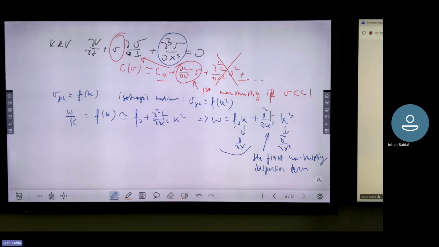Should I write down also the oscillator thing here, what we discussed right now?